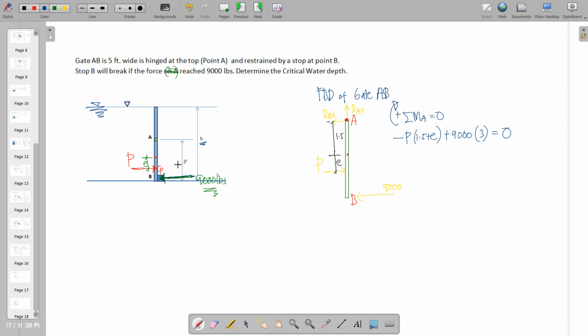So we should express H bar in terms of H. And obviously, in the figure, H bar is equal to H minus what? 1.5 feet, knowing that your H bar is referred to what?